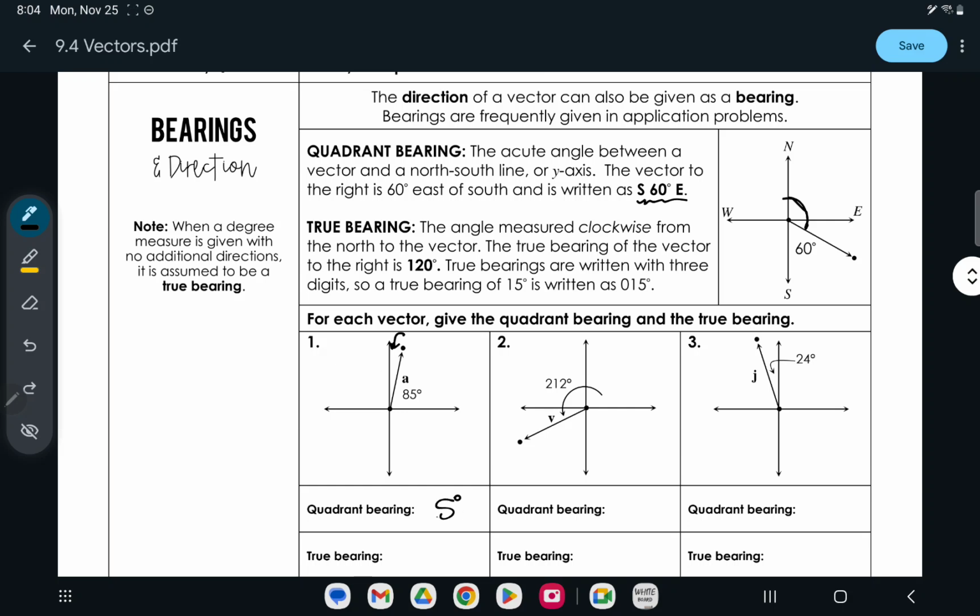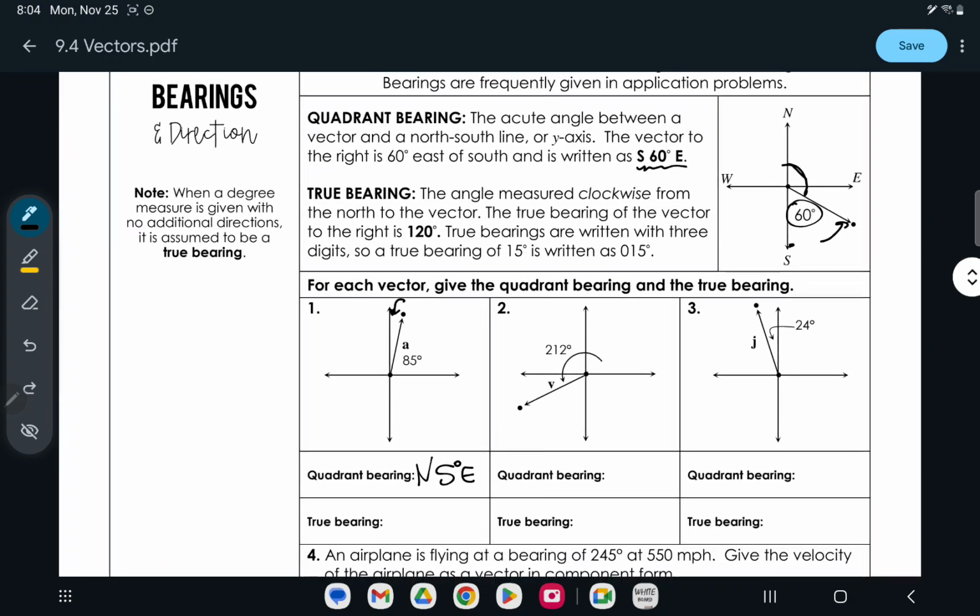The vector to the right was 60 degrees east of south, so this is 5 degrees east of north. The true bearing is measured clockwise from the north to the vector, so that actually happens to be the same: 005 degrees.